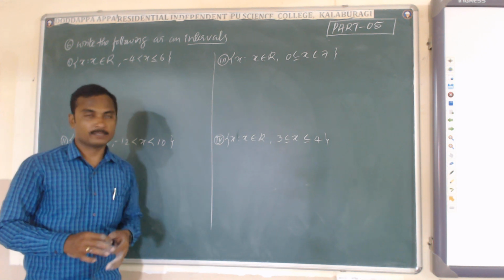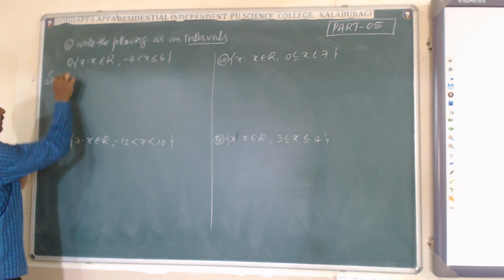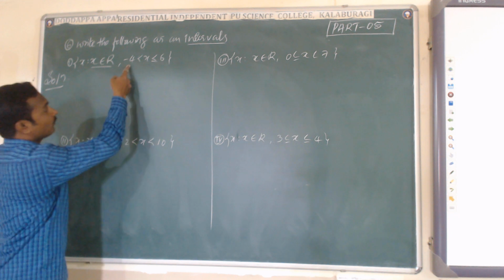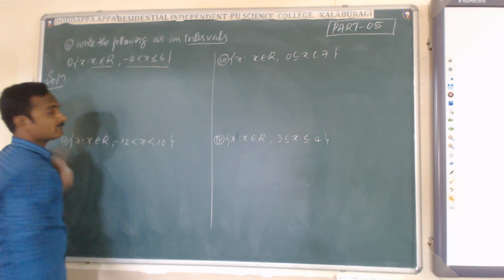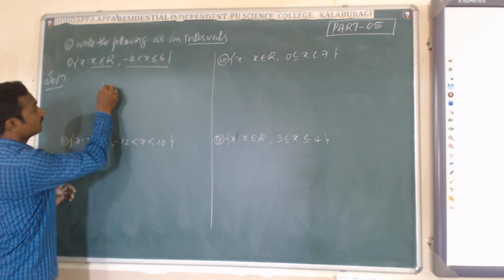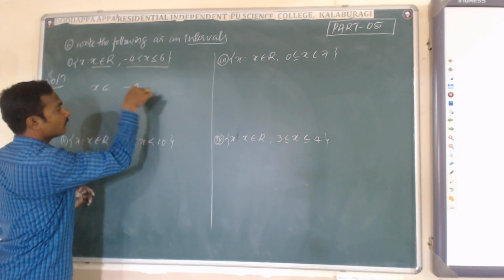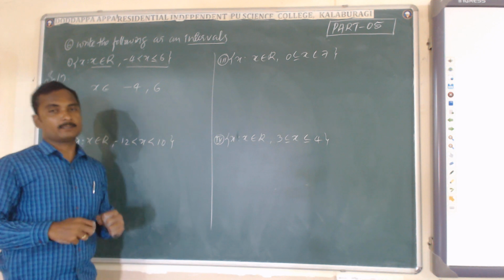The first one, the set of all x such that x is a real number and minus 4 is less than x less than or equal to 6, that is, x belongs to (-4, 6]. We have to use the interval here.